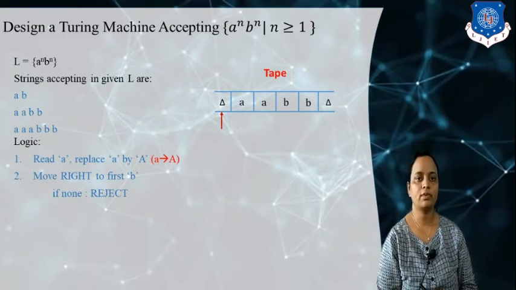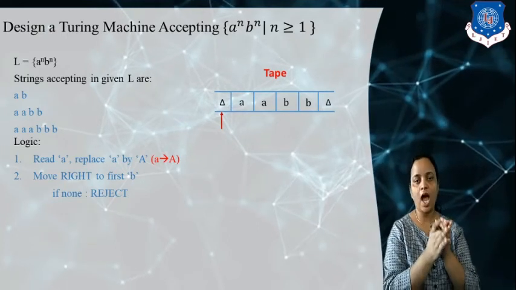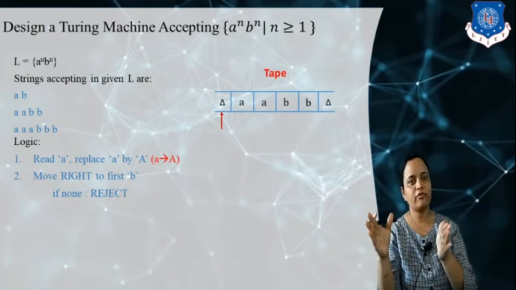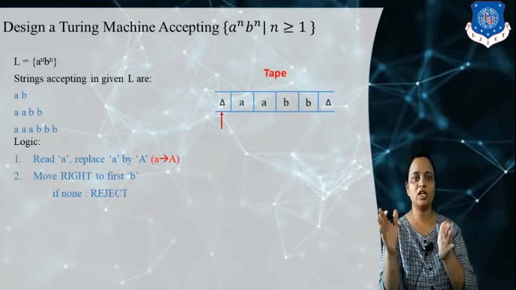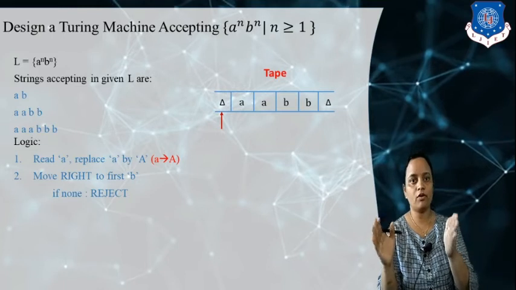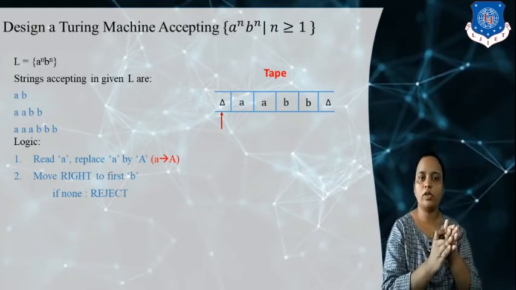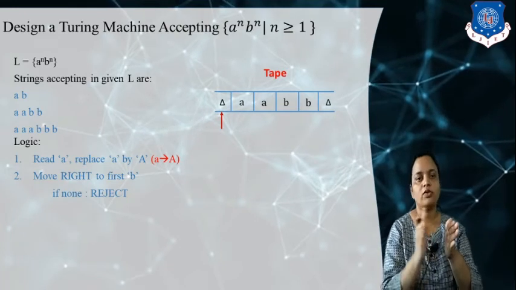Next is step number 2. After replacing the first a, I am going to find my first b, because here we need to compare the counting of the number of A's and the number of B's. So first I count the first a, and after counting it, I move to step number 2.